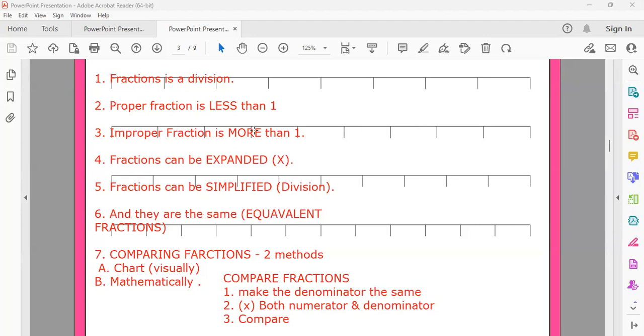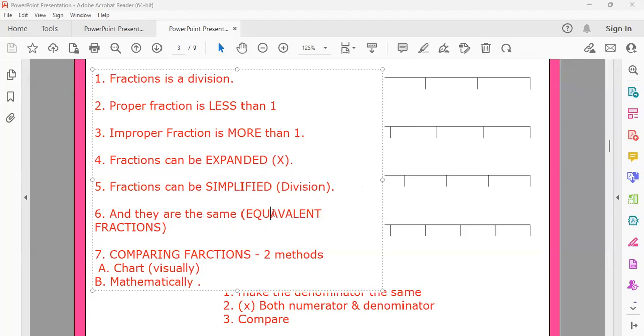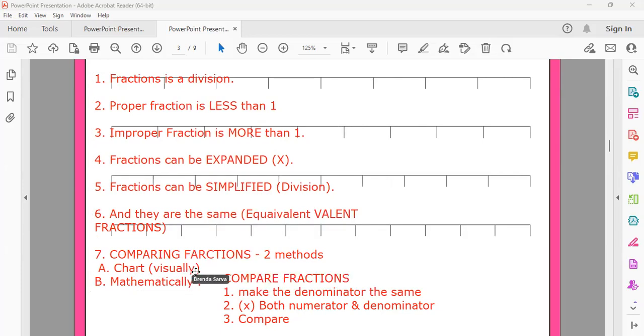They are equivalent, E-Q-U-I. Wait, hold on. Equal. I think so. Equivalent fractions in number 7 is comparing fractions?